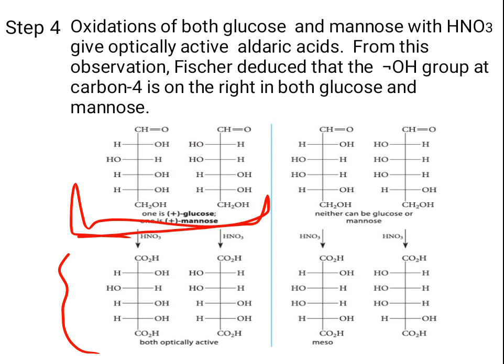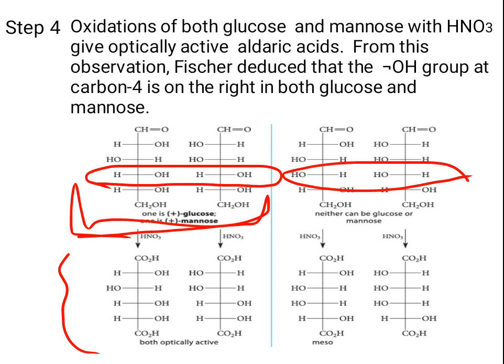So he understood that this OH, not the 3rd, this one is attached to the 4th carbon, is on the right hand side, because if it were on the left hand side, then in the case of oxidation this would become a meso compound.